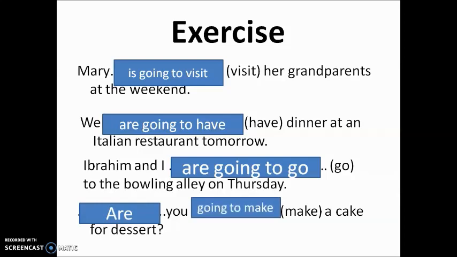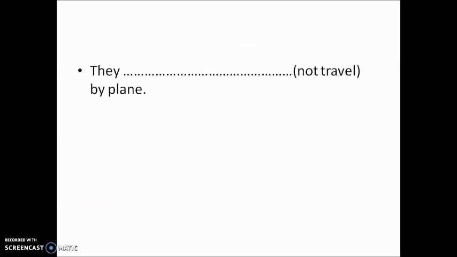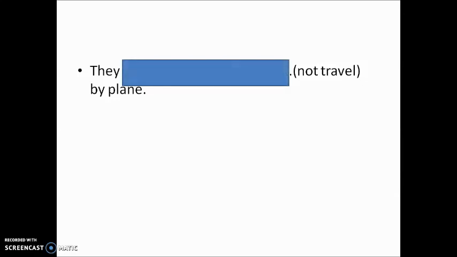Are you going to make a cake for dessert? This is a negative form sentence. They plus aren't plus going plus the base form of the verb travel. Aren't going to travel by plane.